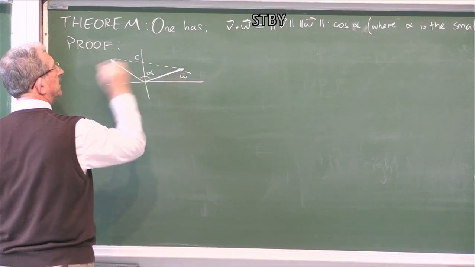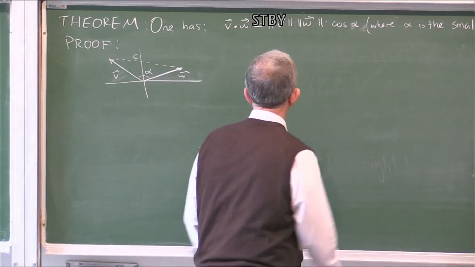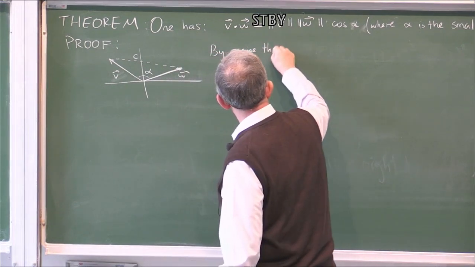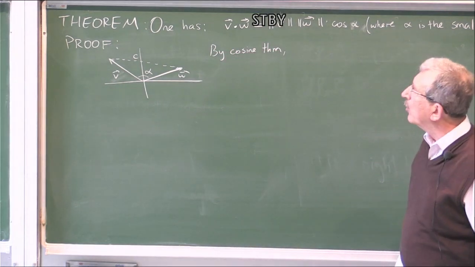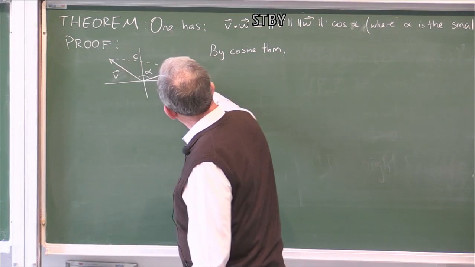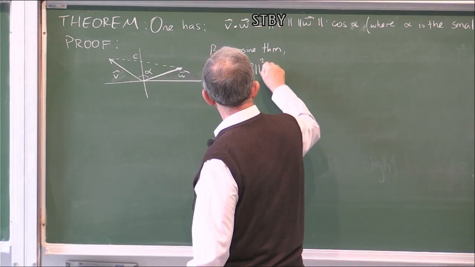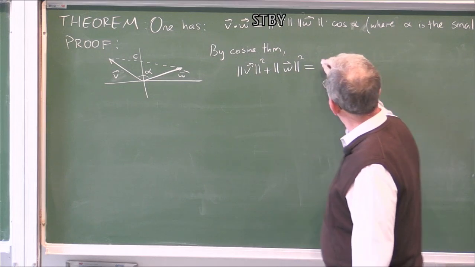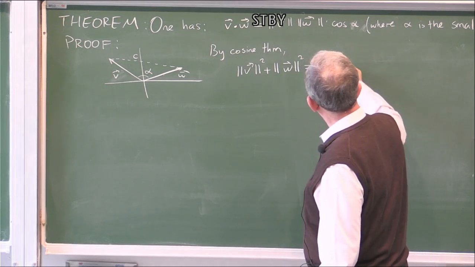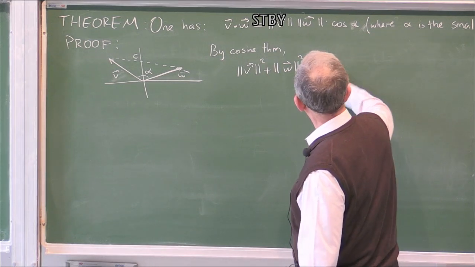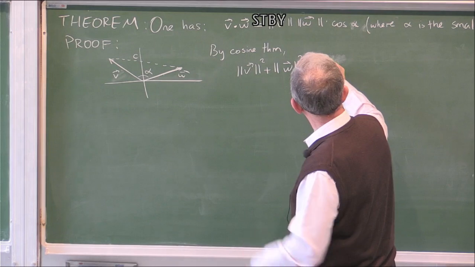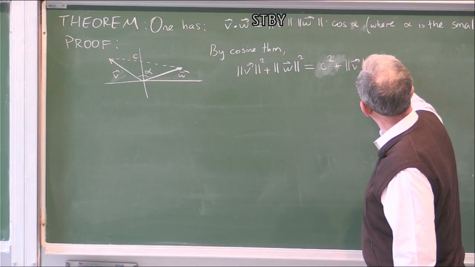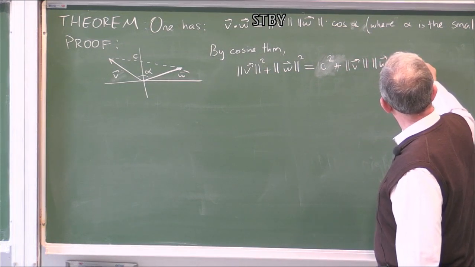Call this distance C. Then, by the cosine theorem from high school, C squared equals the sum of the squares of the lengths of the two sides minus the product of the two sides times cosine.